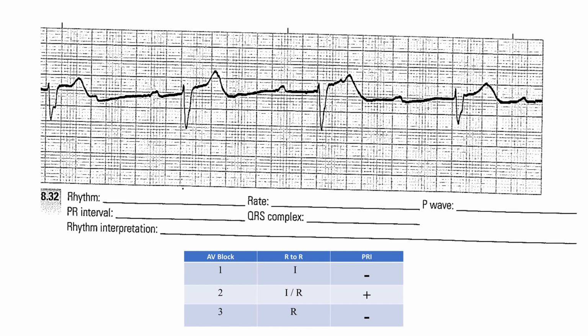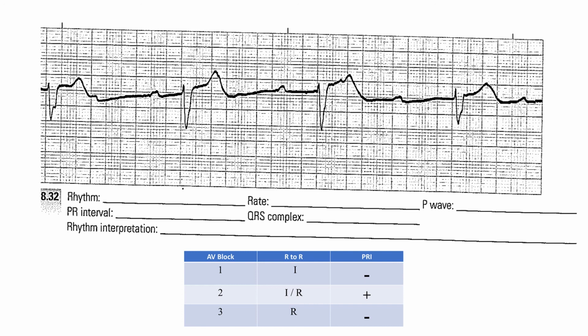You see this rhythm. It looks like a bradycardia. So because she's unstable, you're going to follow the bradycardia algorithm. And then you can look and determine what rhythm it is. So the R to R is regular. The rate looks like it's about low 30s. And your P waves are going along, they're regular.